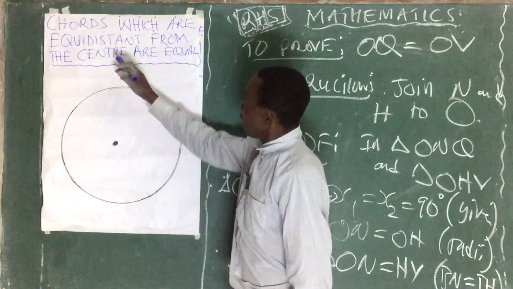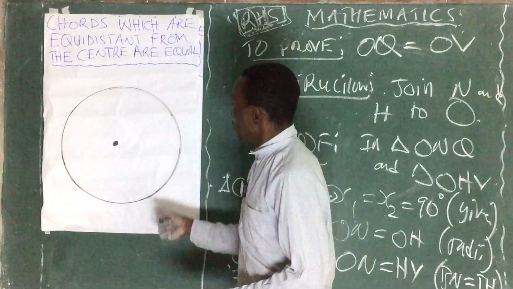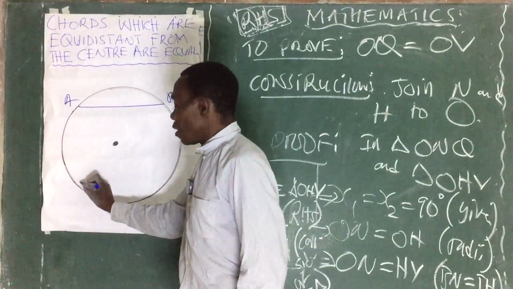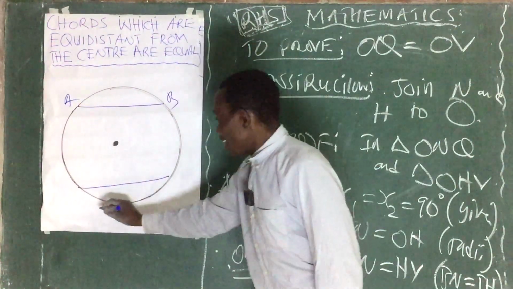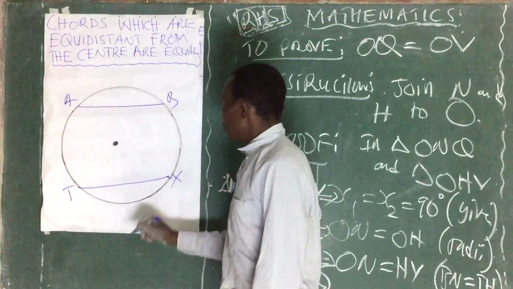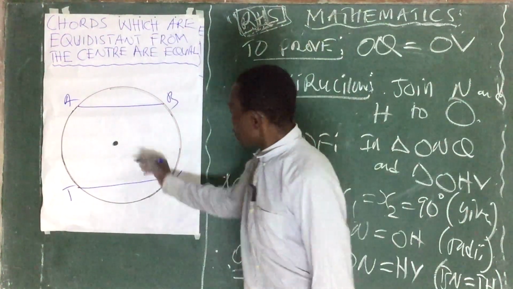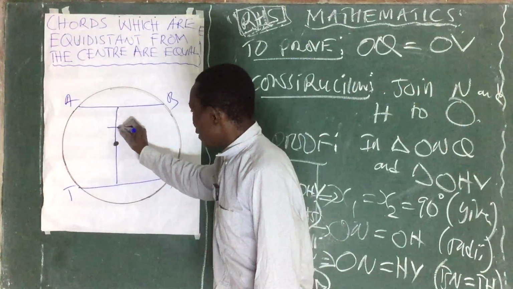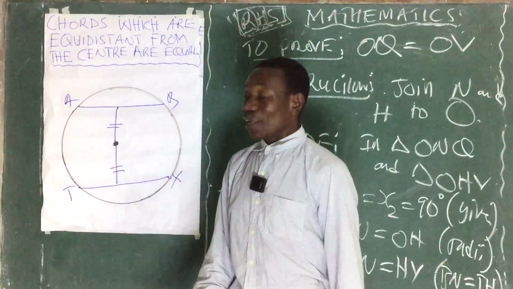Chords which are equidistant, meaning to say here we have got a chord like AB, another chord here like TX, and we are told that these chords are equidistant from the center, that is, this line is equal to that line.